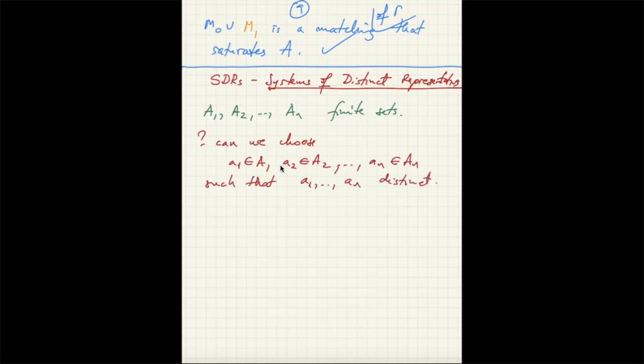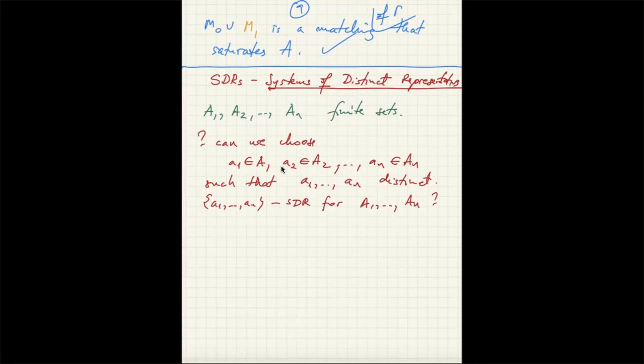If you can do that, such a collection is called a system of distinct representatives for these sets, or an SDR for A1, A2, ..., AN. Okay, so is it possible for us to do that?